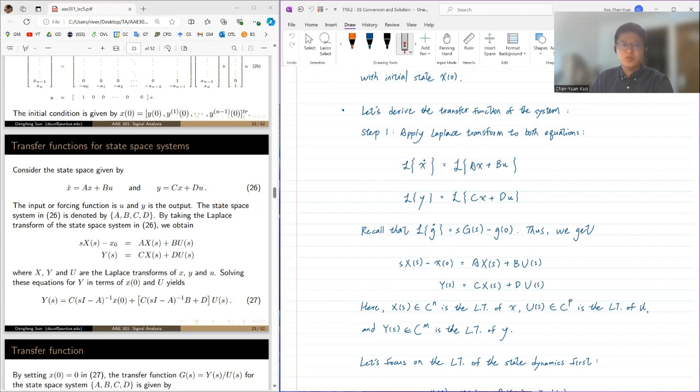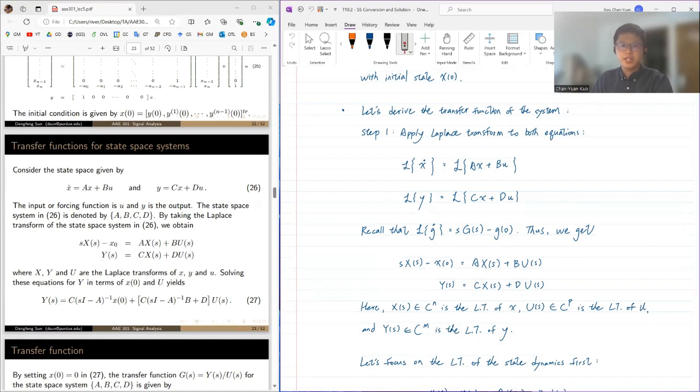Therefore, the Laplace transform of the state dynamics equation is s times x of s minus x of 0 equals A times x of s plus B times u of s. On the other hand, the Laplace transform of the output equation is given by y of s equals C times x of s plus D times u of s.